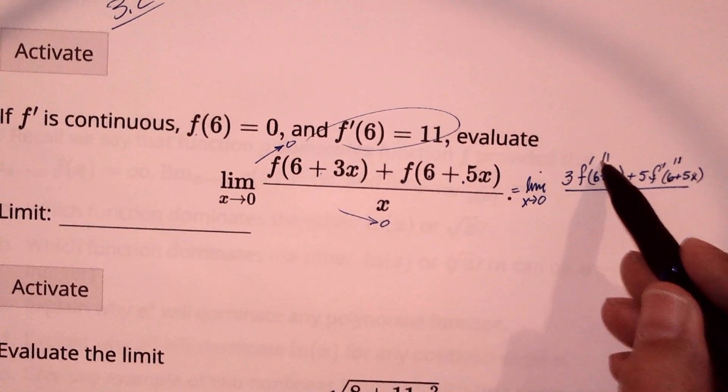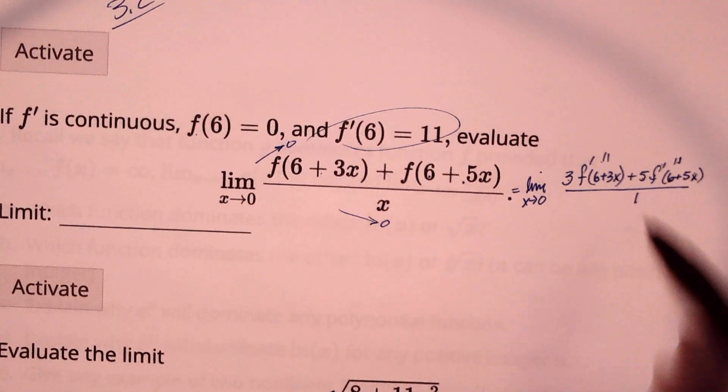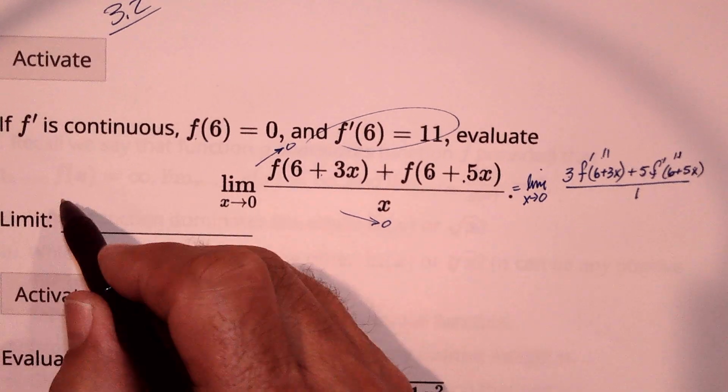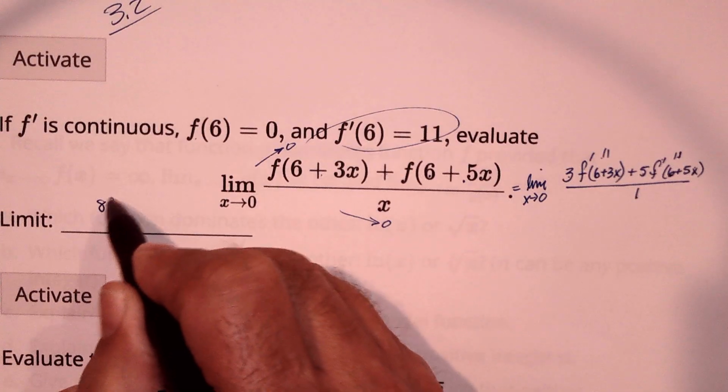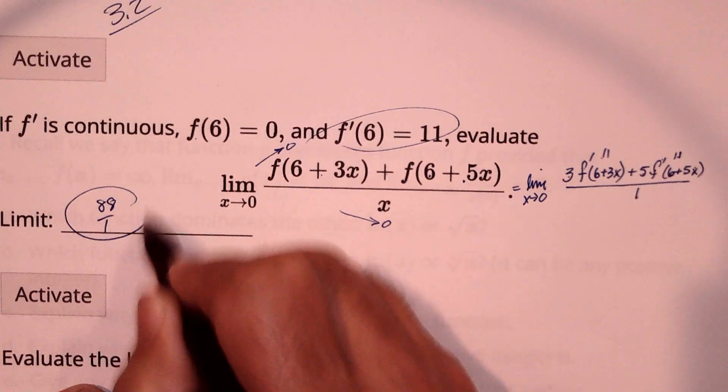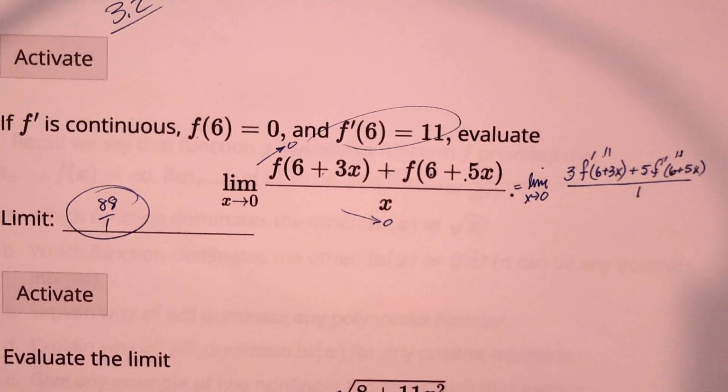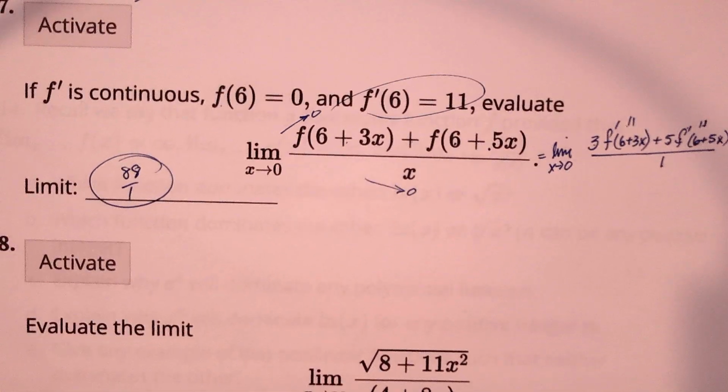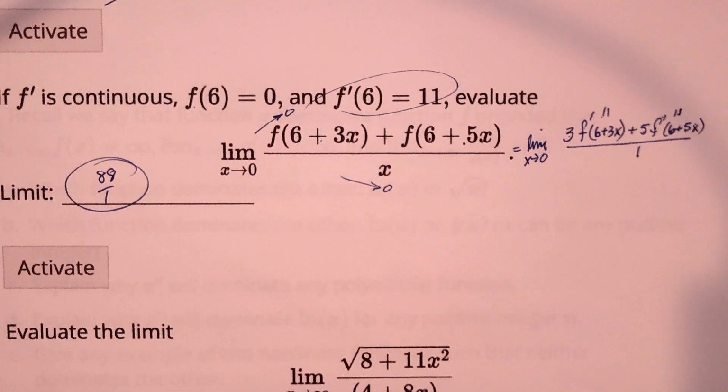So we get 33 plus 55 divided by 1. So that's 88 divided by 1, or 88. So that's the slope of this there.